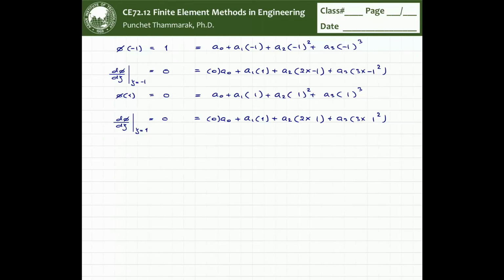Now convert this into matrix form. So 1, minus 1, 1, minus 1. 0, 1, minus 2, and 3. 1, 1, 1, and 1. 0, 1, 2, and 3. You have A0, A1, A2, A3.